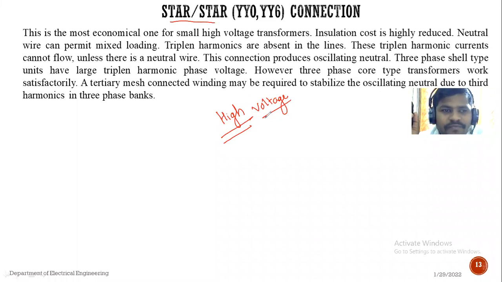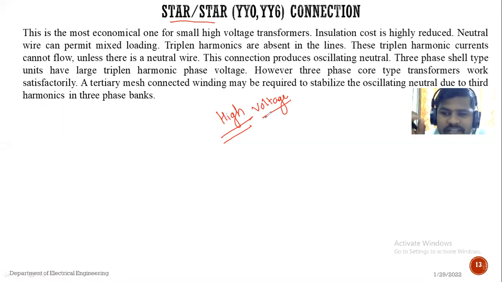Now a tertiary winding, that means a tertiary mesh connected winding, may be required to stabilize the oscillating neutral due to the third harmonic in the three phase bank. If a three phase bank is used, then there is a tertiary winding. The meaning of tertiary is nothing but third winding: first winding, second winding, third winding. That means primary, secondary and tertiary.